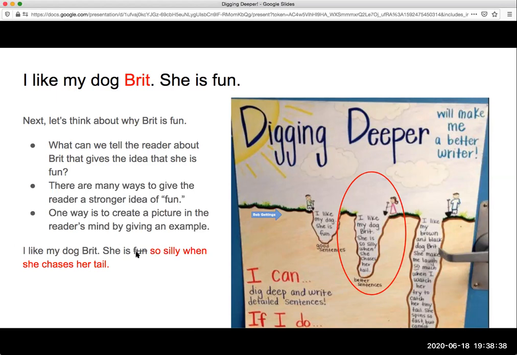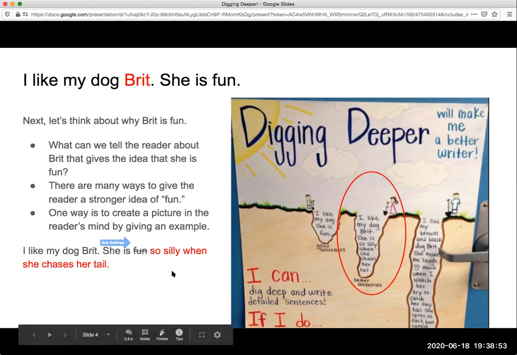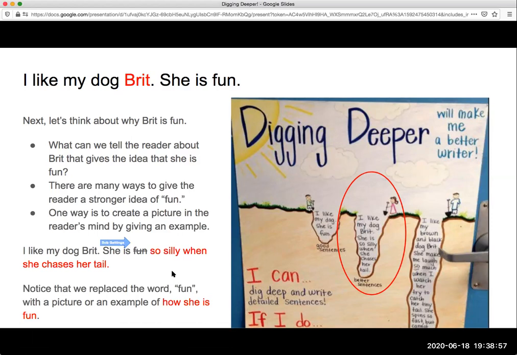Now can you notice that we didn't have to keep the word fun to give the idea of fun. Fun, the word, is gone, but the idea of fun has gotten stronger, even though we didn't use the word. So this idea of you don't have to keep every word you write.